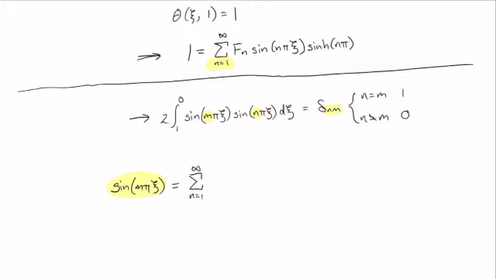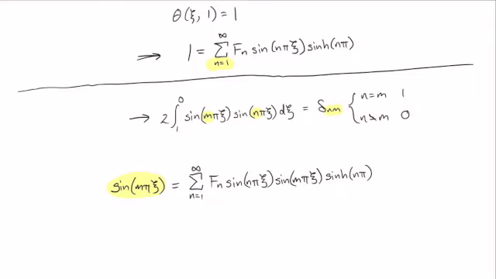So I can either multiply my constant by the infinite number of terms and then add them together, or I can add them together and then multiply. To make it convenient for myself, I'm actually going to put the sine of m pi xi inside the summation. And we'll see why in a minute, but it doesn't really have much of an impact on the final solution.